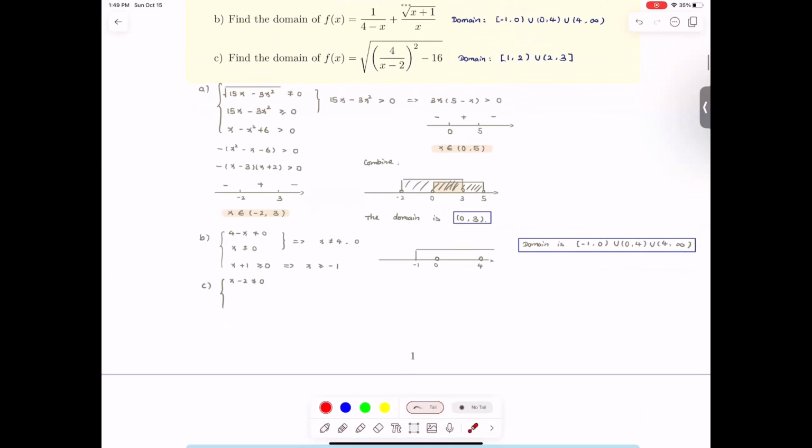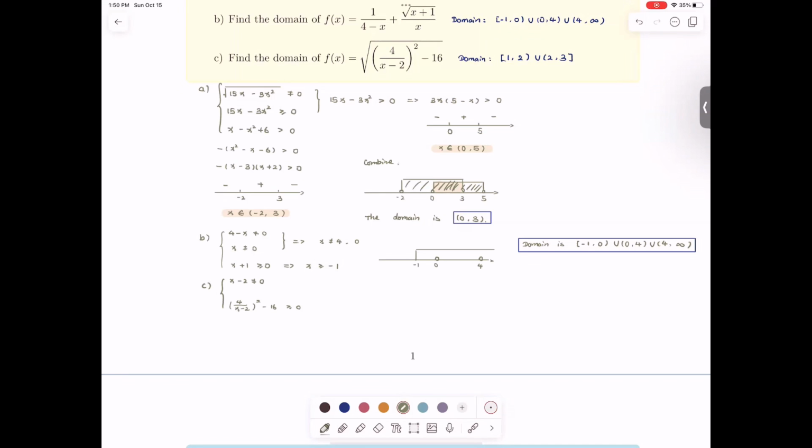Okay, continue. And we have a square root as well. So under the square root has to be greater than or equal to 0. 4 over x minus 2 squared, minus 16, has to be greater than or equal to 0. We do not have log, we don't have trig, so that's everything you need to check.